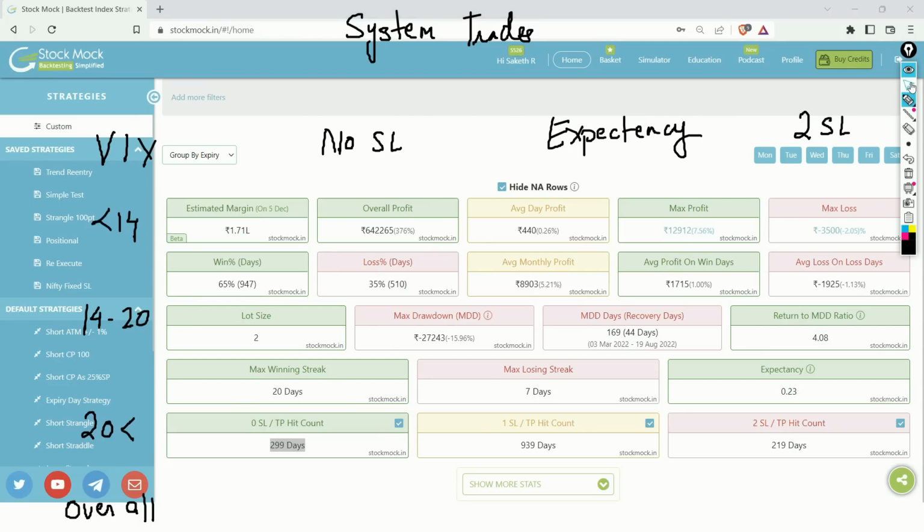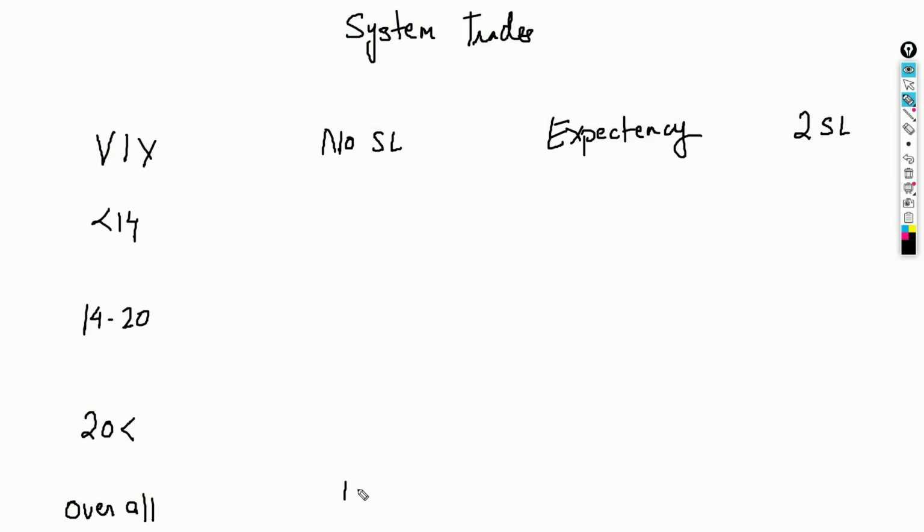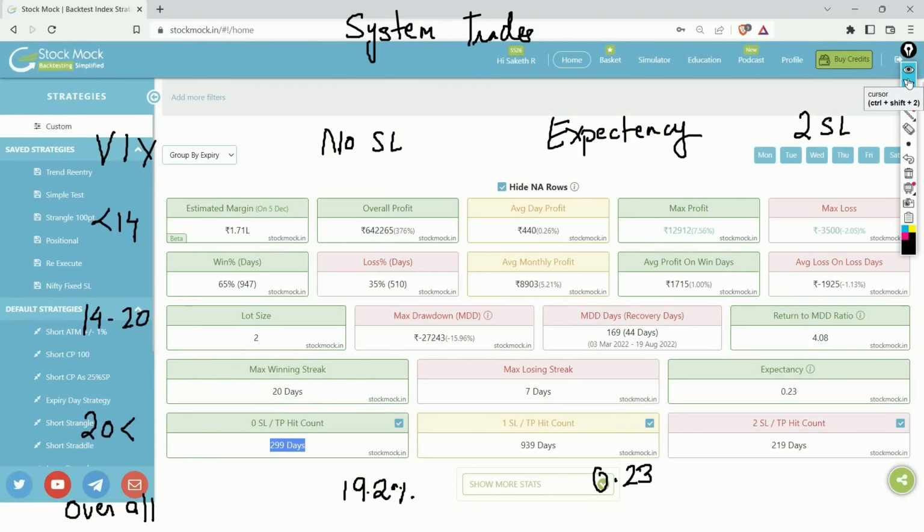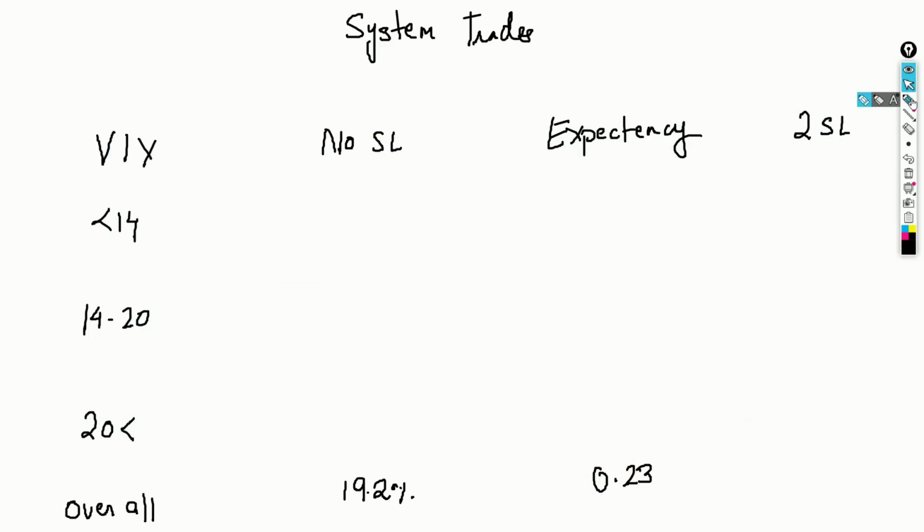That means when we express this in terms of percentage, 19.2% of the times no stop loss actually got triggered. The expectancy of this strategy is 0.23. Both the stop losses were hit on 219 days out of 1557 days, which is almost around 14%.